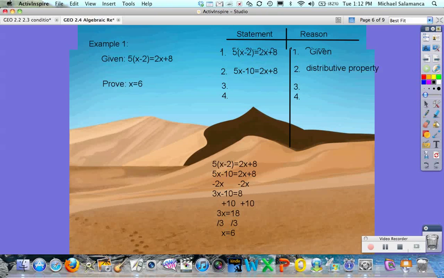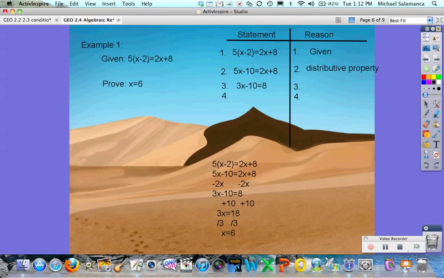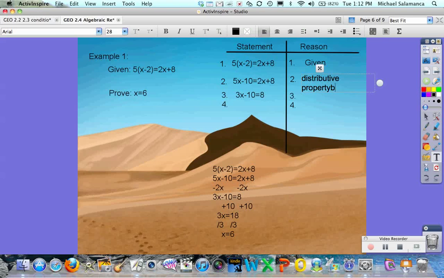Second thing we did, and notice for the statements, I'm not showing the work, I'm just lining up what each line would look like. And the way we got from here to here is because we used the subtraction property, because we subtracted 2x from both sides.